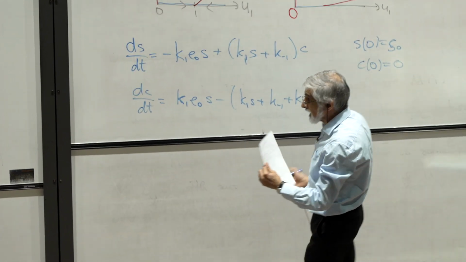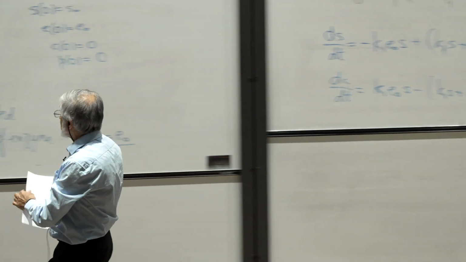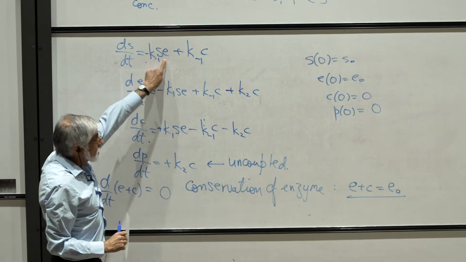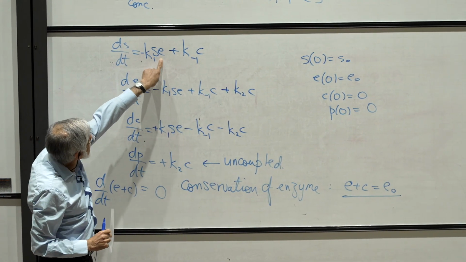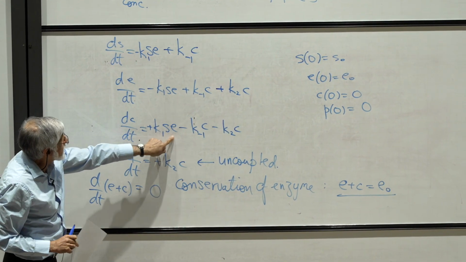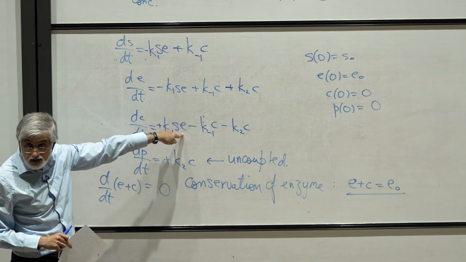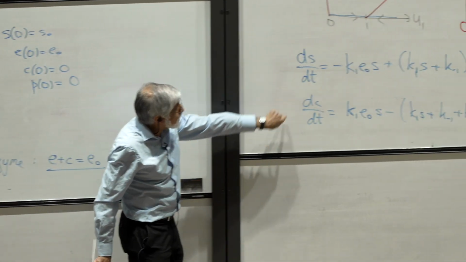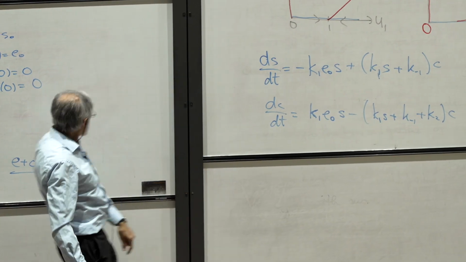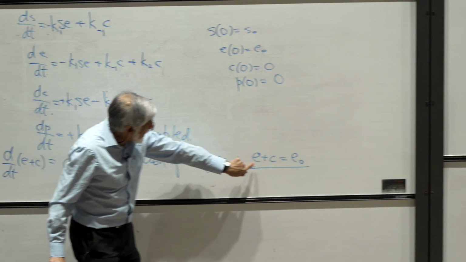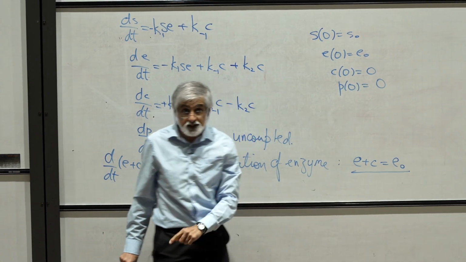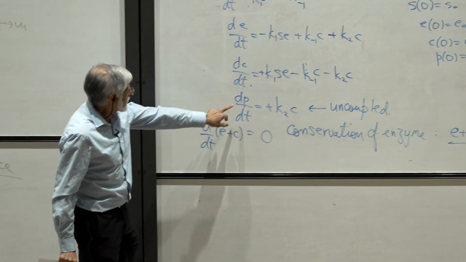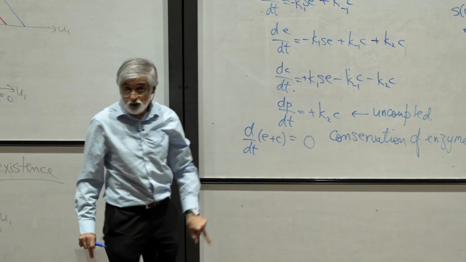So all we've done there is we've replaced E by E naught minus C. So what we do then is we solve these two equations for S and C. Then E will be E naught minus C, and dP by dt will be k2 times C.